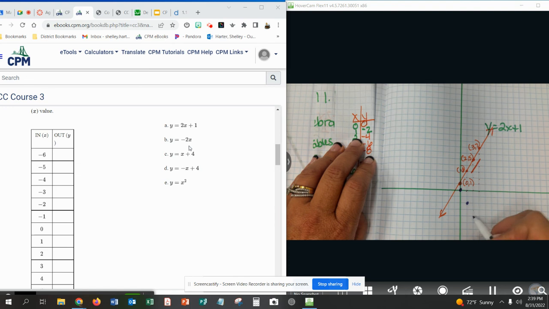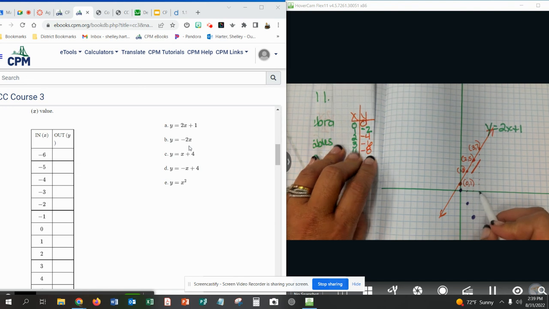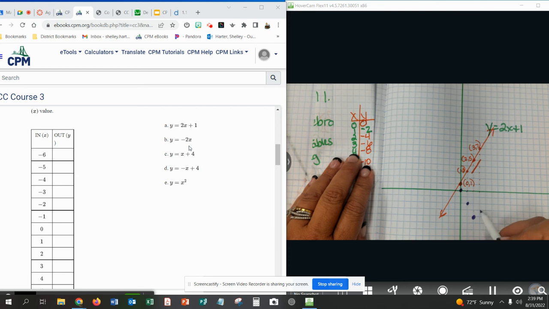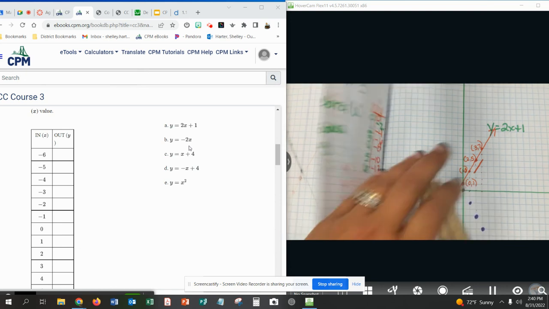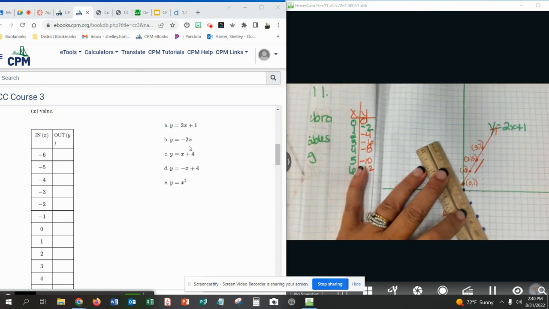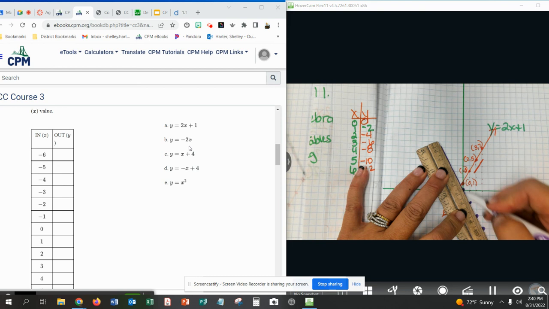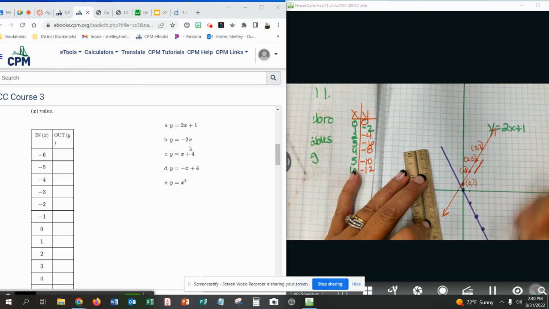1, 2, 3, 4. 3, 1, 2, 3, and then down 6. 1, 2, 3, 4, 5, 6. Wow, what is this saying? Pattern. It's a good pattern, isn't it? Ladies and gentlemen, this is called a negative slope.